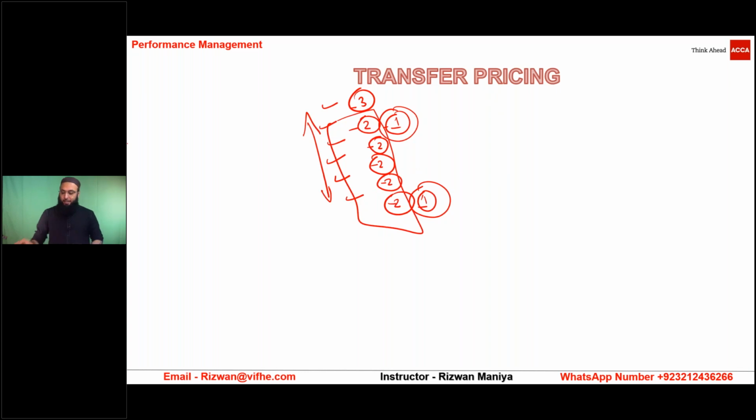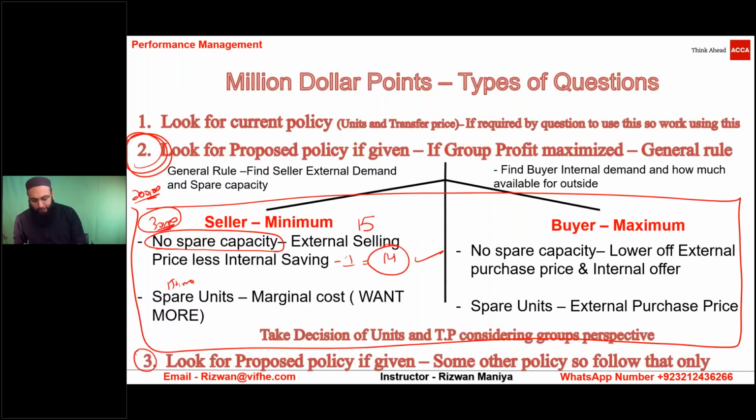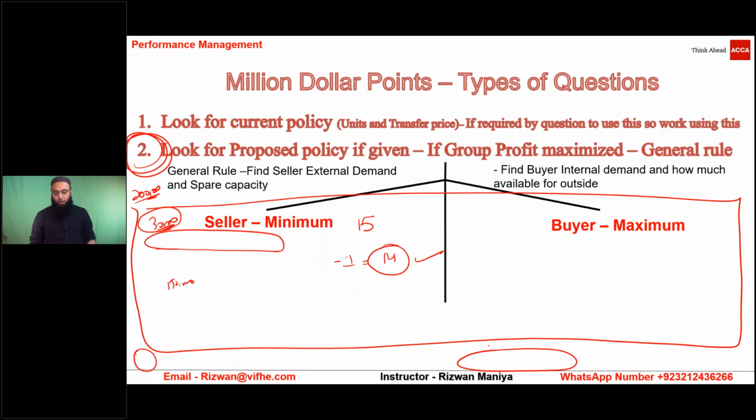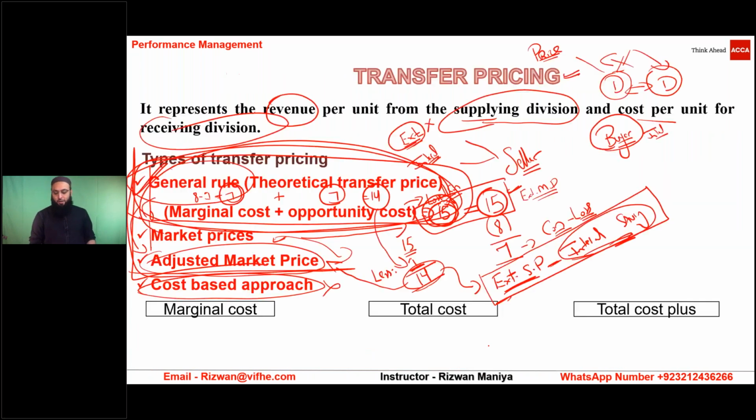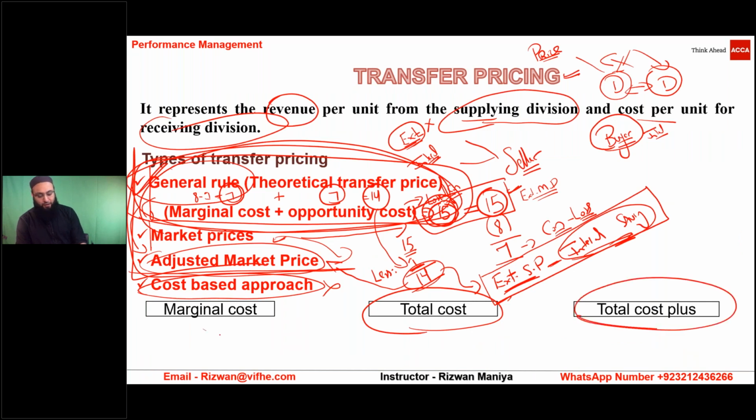The last thing, the third type, is if some other policy is given other than group profit maximization. If they say some other policy, like they need to work out on the basis of total cost, cost plus profit or marginal cost, that's the other policy. That will be given to you.